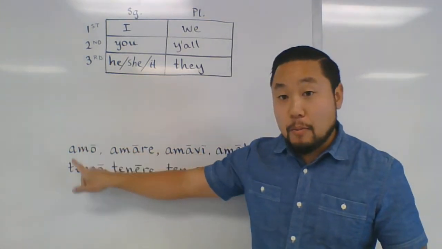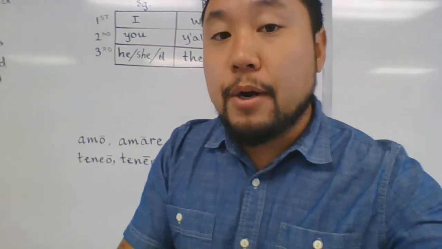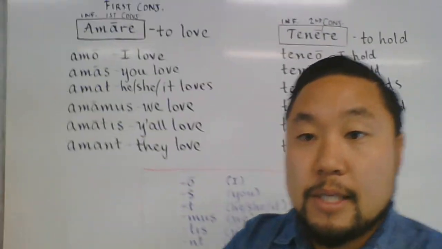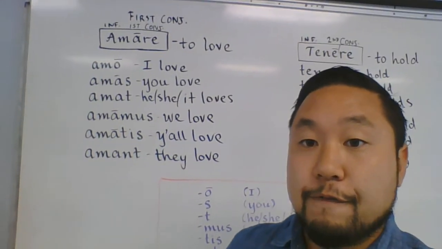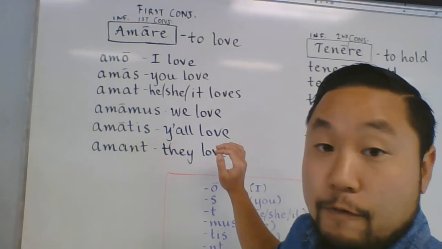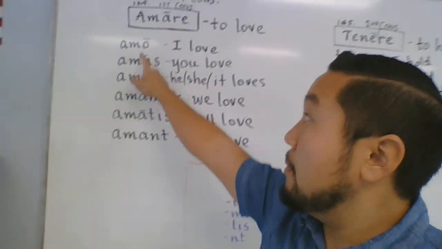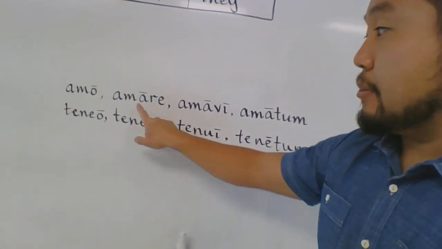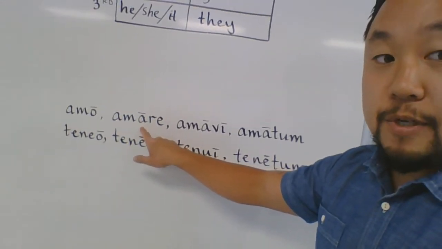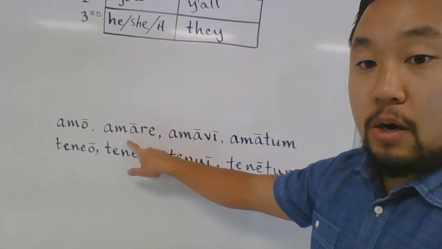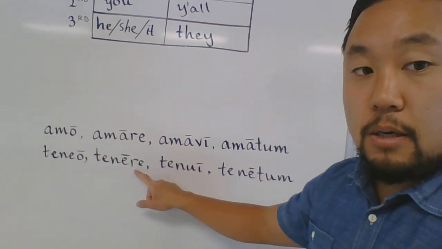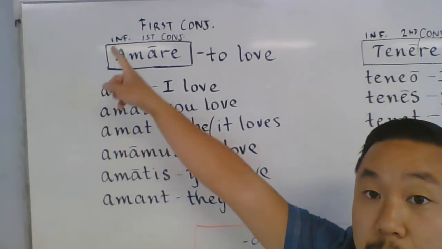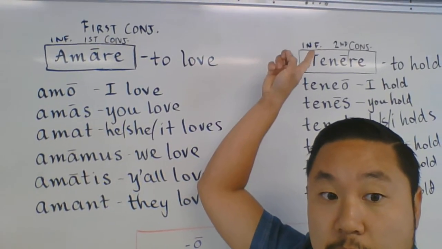The first principal part, does that look familiar to this over here? The first principal part is which form? Amo, I love. What about the second principal part? We had a special name for this kind of form that ends with ARE or ERE. If you guessed infinitive, you're right. I labeled that up here, infinitive and infinitive.